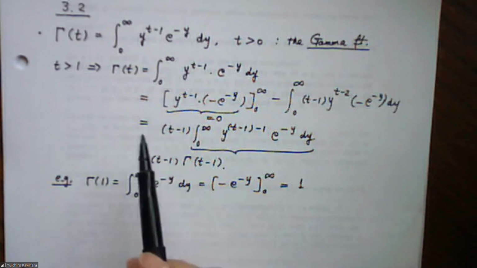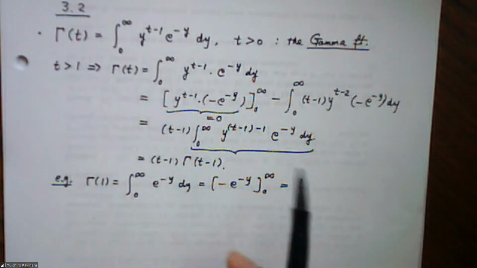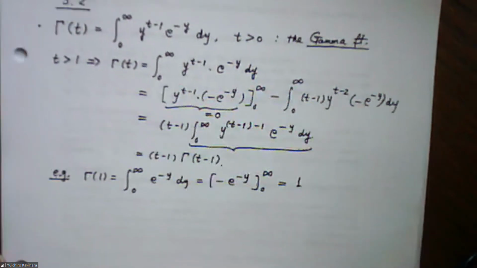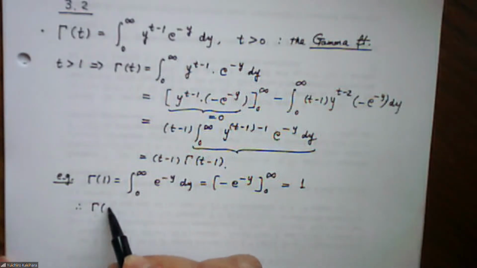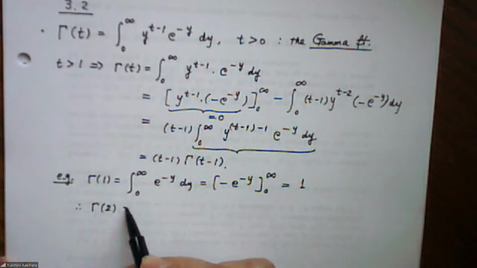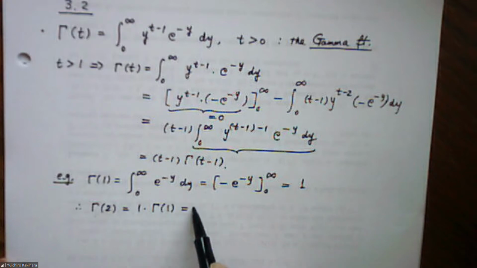And then together, we use this formula. When t is a positive integer, for instance, when you'd like to have gamma of 2, using this formula, this is 1 times gamma of 1, which is 1 also.